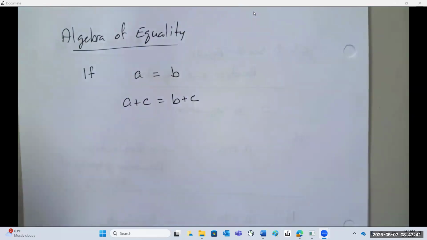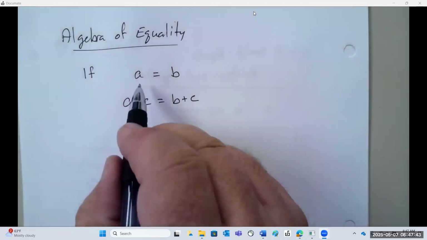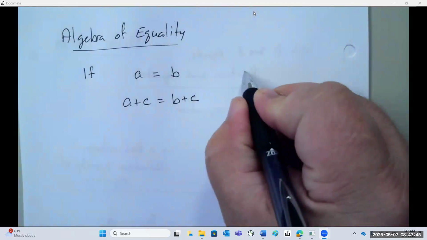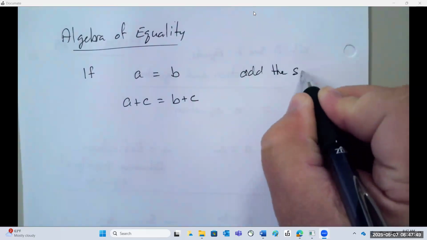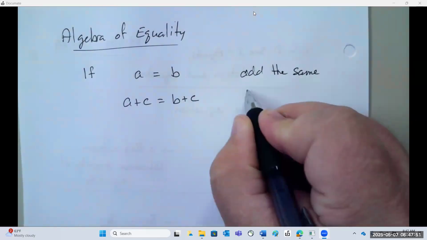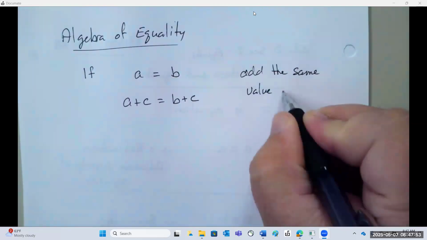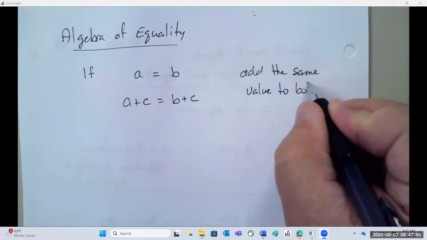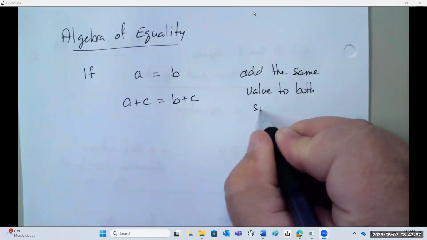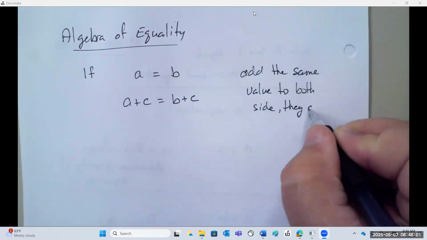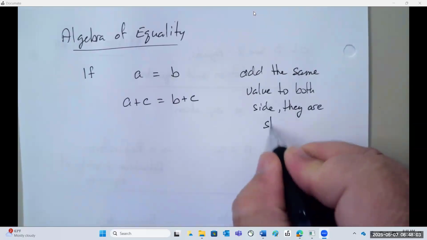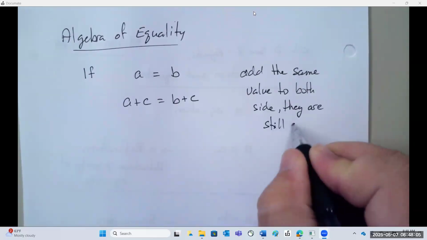Yes. So if you add the same value to both sides, they are still equal.